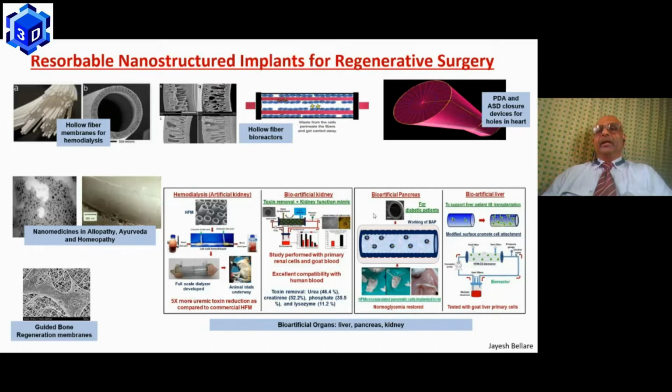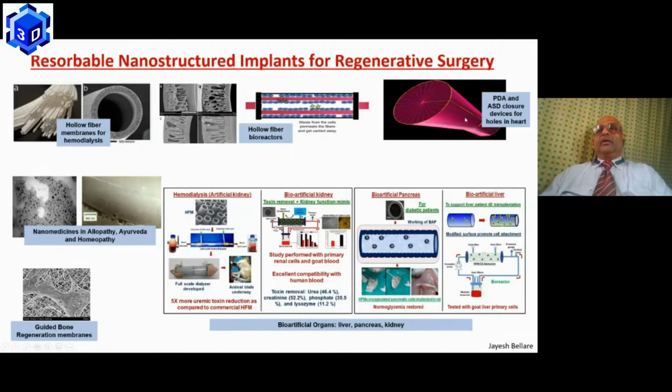This is now in the process of being transferred to a startup which is going to develop and take this further. Another application is the bioartificial liver, where we grow hepatocytes on one side and then flow blood through this. It is like a dialysis machine, but for the liver. So this is one whole series of technologies that came about by virtue of the hollow fiber membrane.